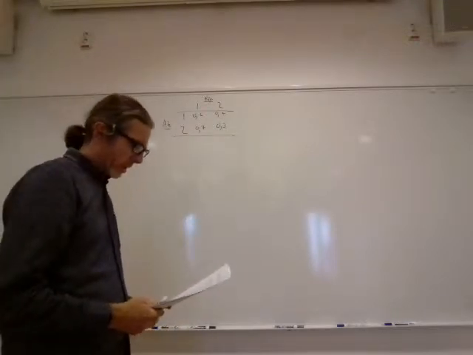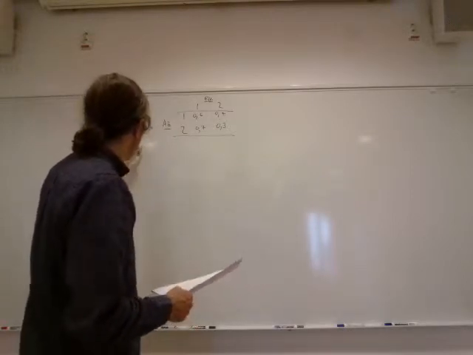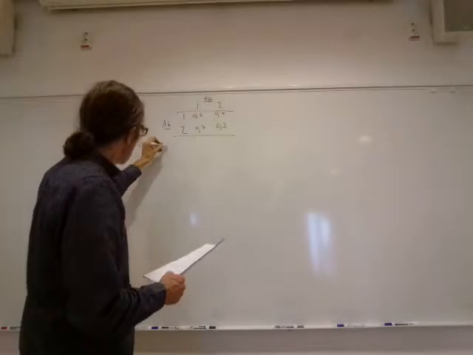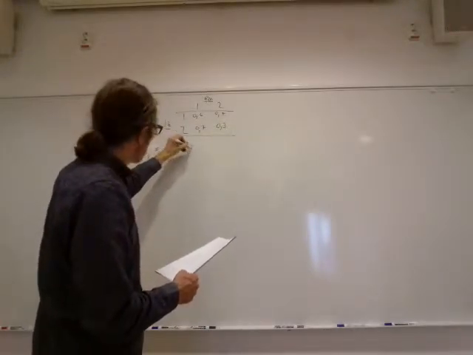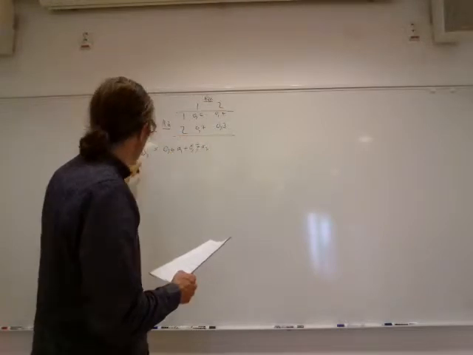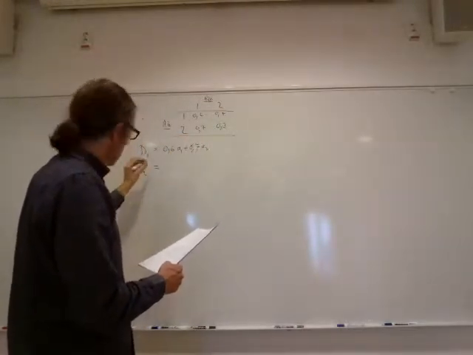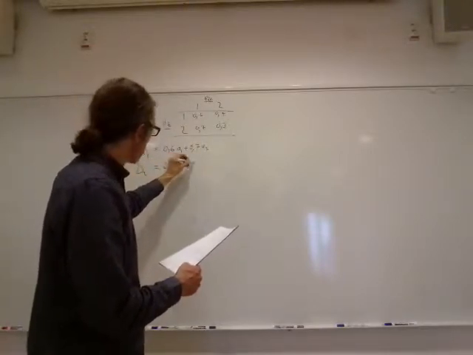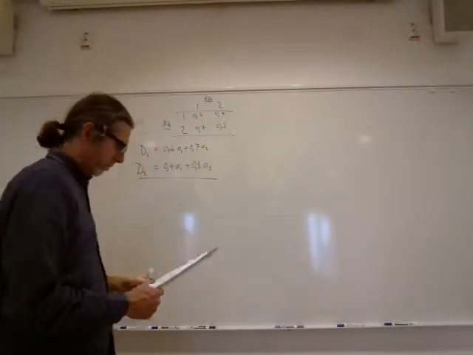And the damages are as follows. D1 is 0.6 A1 plus 0.7 A2. D2 is 0.4 A1 plus 0.3 A2.